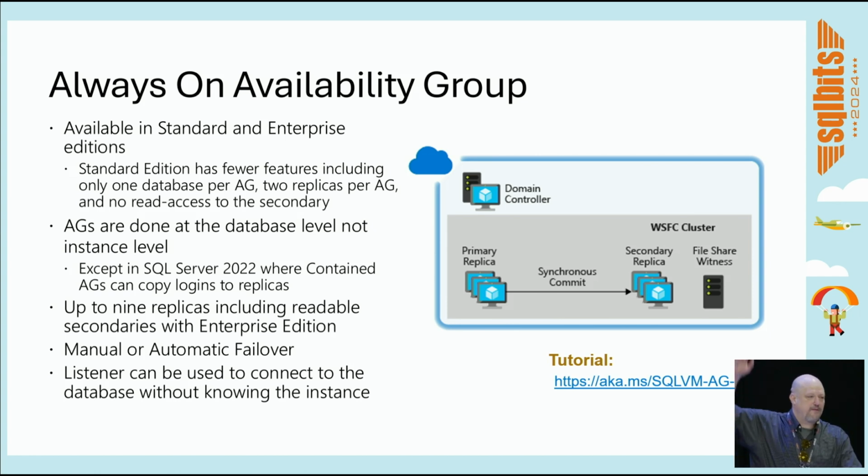Do I want readable secondaries for reporting? What about automatic page repair, being able to repair a bad page by getting it from another healthy replica? How about covering your resiliency options, being able to say that I want to have a backup, have a preferred replica, things like that?